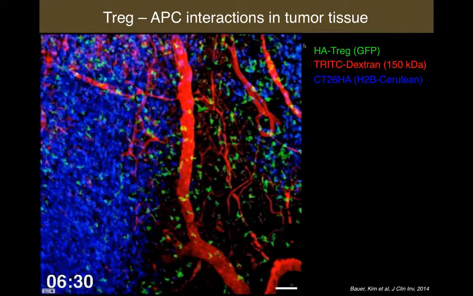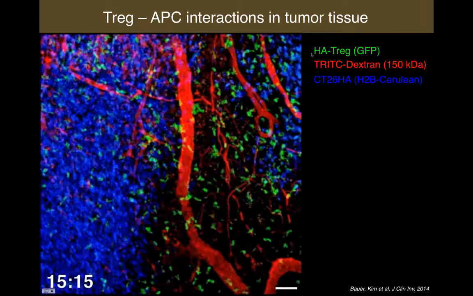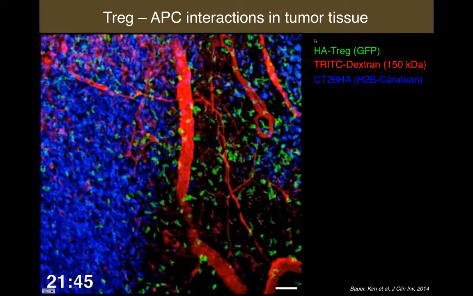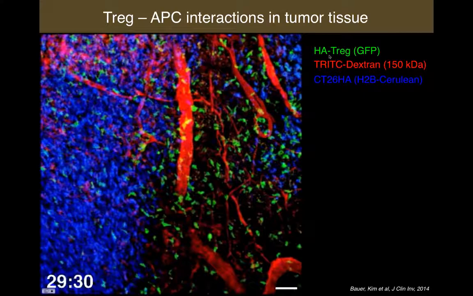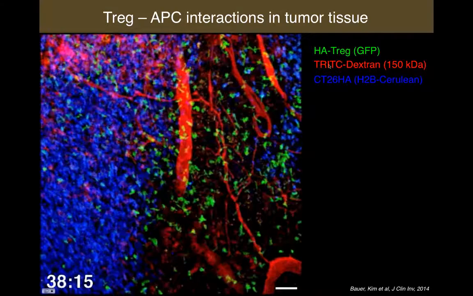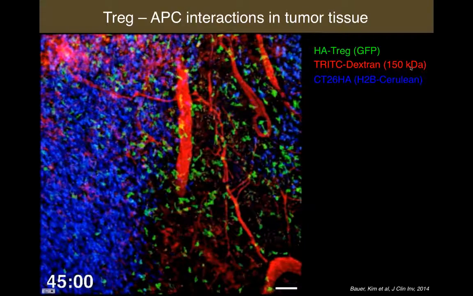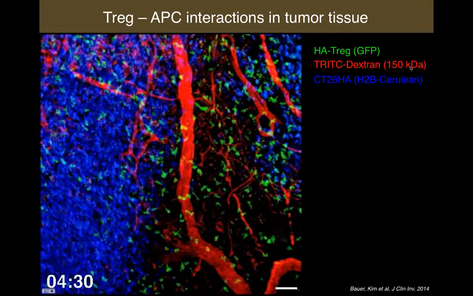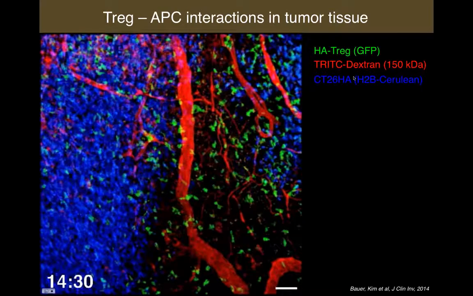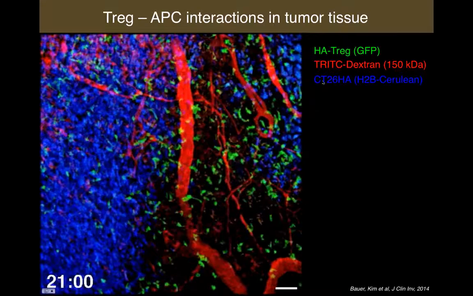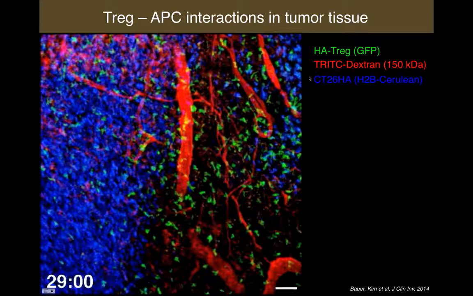And to address this question, here we have a mouse where we infuse GFP-expressing HA-specific regulatory T cells. We label the blood vasculature, in this case by TRITC-dextran infusion, so that's a large molecular weight plasma marker. And again, we have here our H2B cerulean-expressing tumor cells.